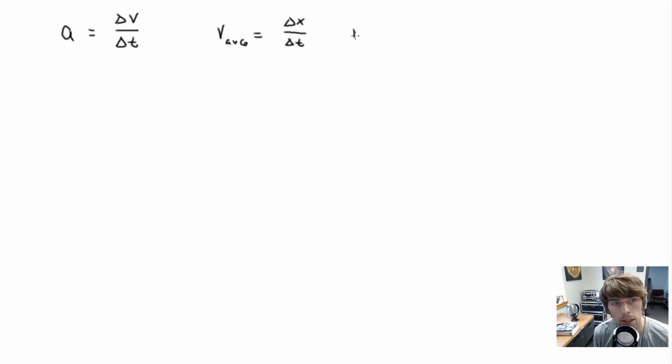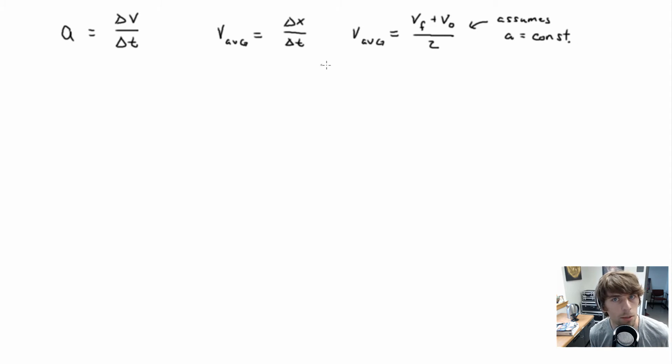And the second one is the arithmetic average, v final plus v initial over 2. Now I'm using the arithmetic average, and this assumes a is constant. If I use this equation at any point, I am making that assumption.